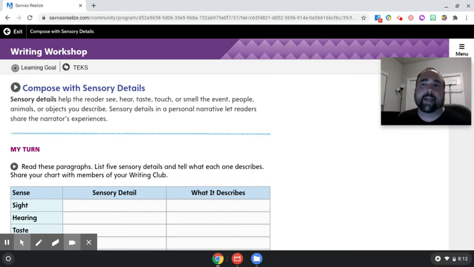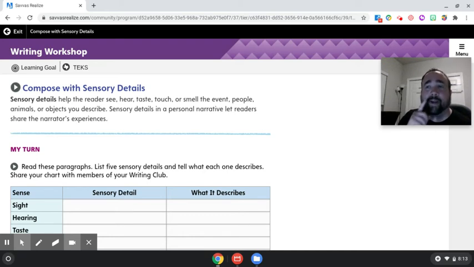So, if you're telling me that you went to Six Flags and you walked near a food stand and you smelled that popcorn. It was hot and buttery and it just smelled so good. Right there, I have recreated a memory for you in my personal narrative.